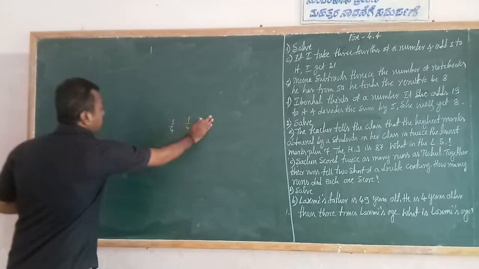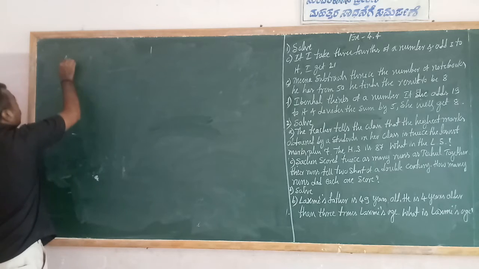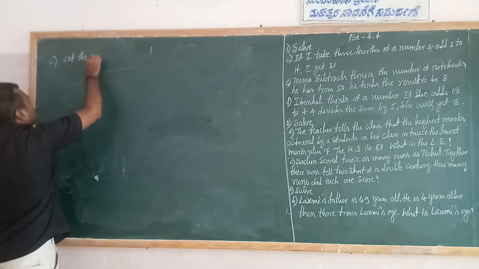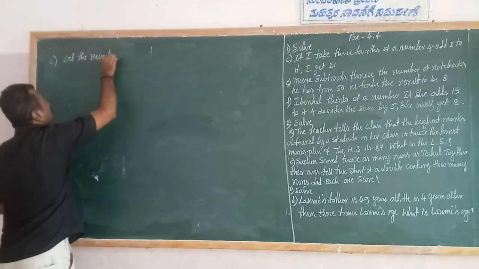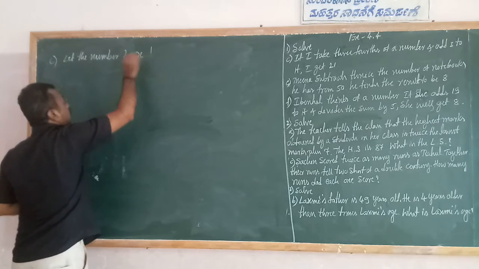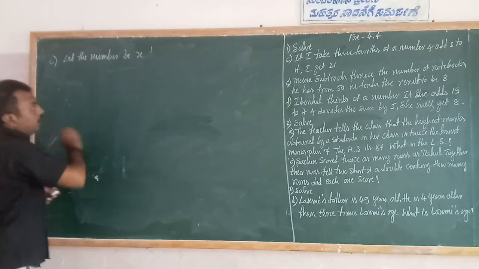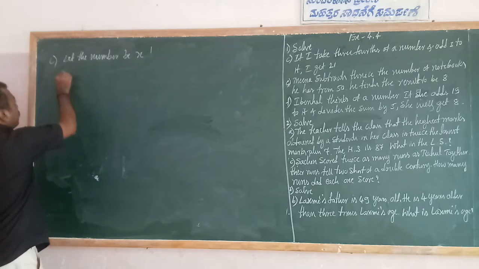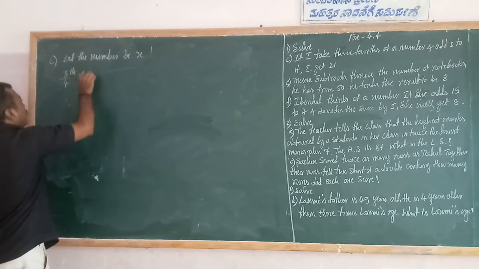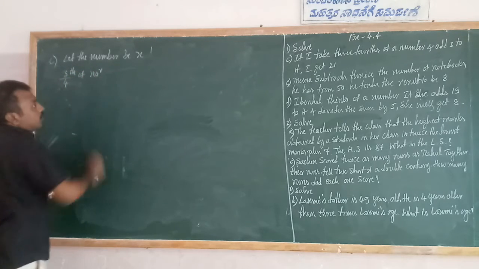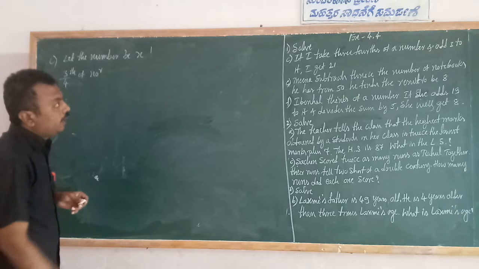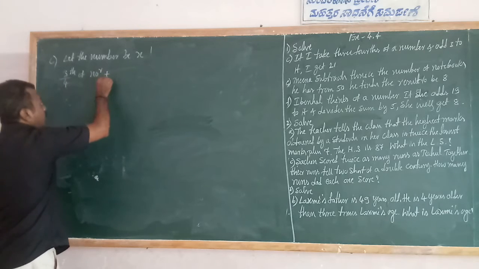So let the number be x. I do not know what the number is, so I am taking it as x. So if I take 3/4 of a number, that means 3/4 of the number, and add to it.